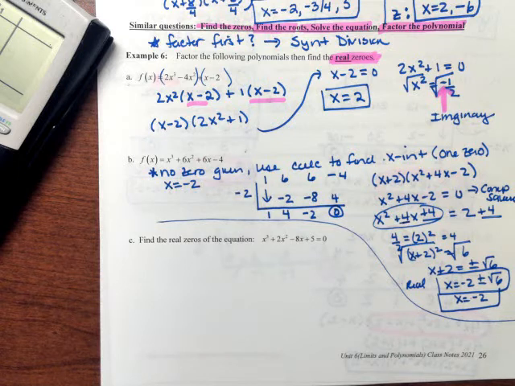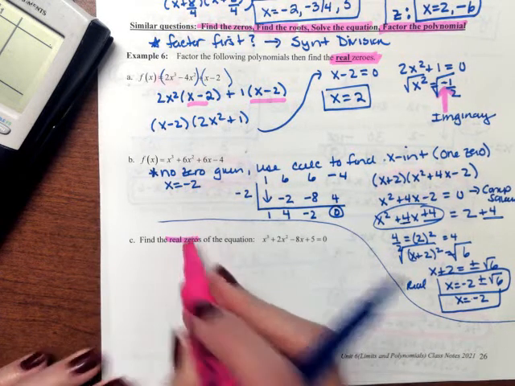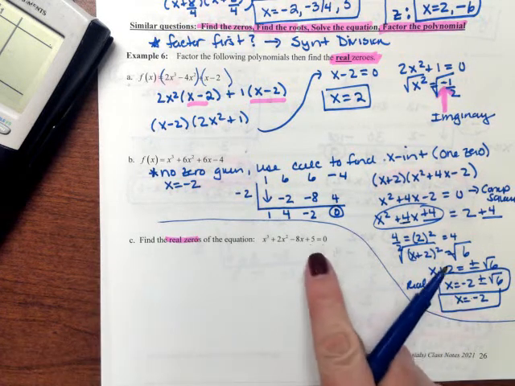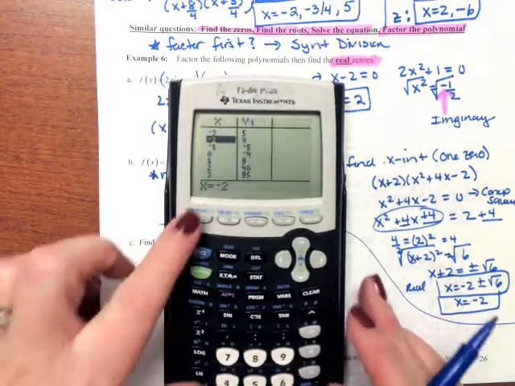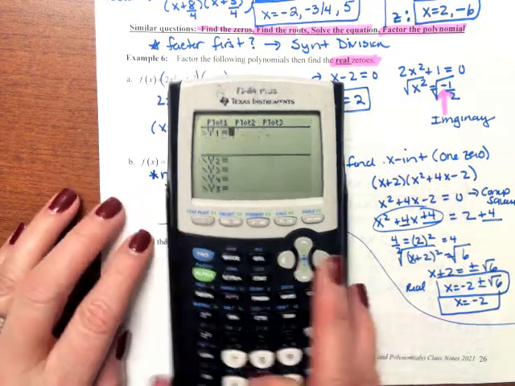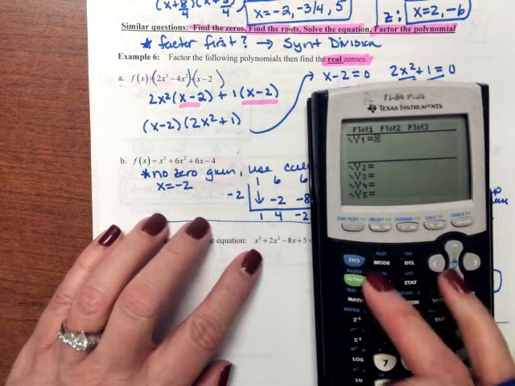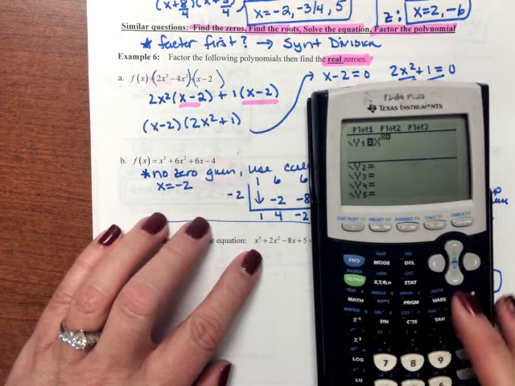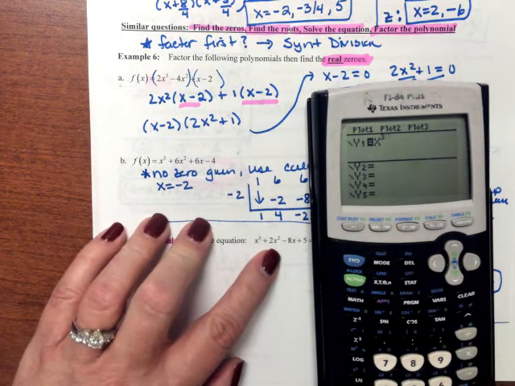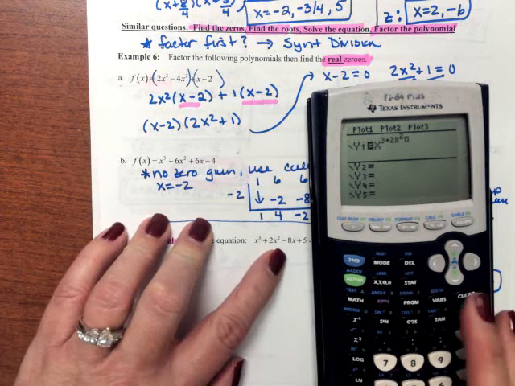So again, finding all the real zeros. Again, I'm not giving you a 0. So what I'm going to do is I'm going to look at my calculator and come up with one. Let's see if I can find an x-intercept.